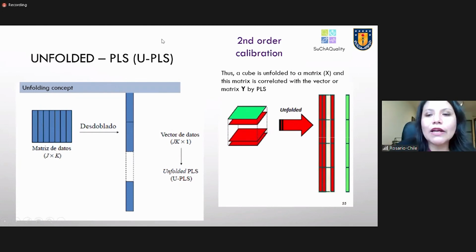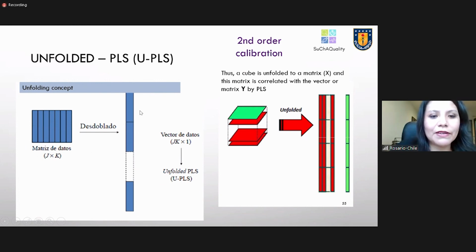To finish, I want to tell you about the second order calibration methods, and the most famous method is the UPLS method, unfolded PLS. Just to remind, unfolded is desdoblado in Spanish. The unfolded concept is that I have a matrix and I can unfold this data to a vector, putting the second column under the first column, and so on.